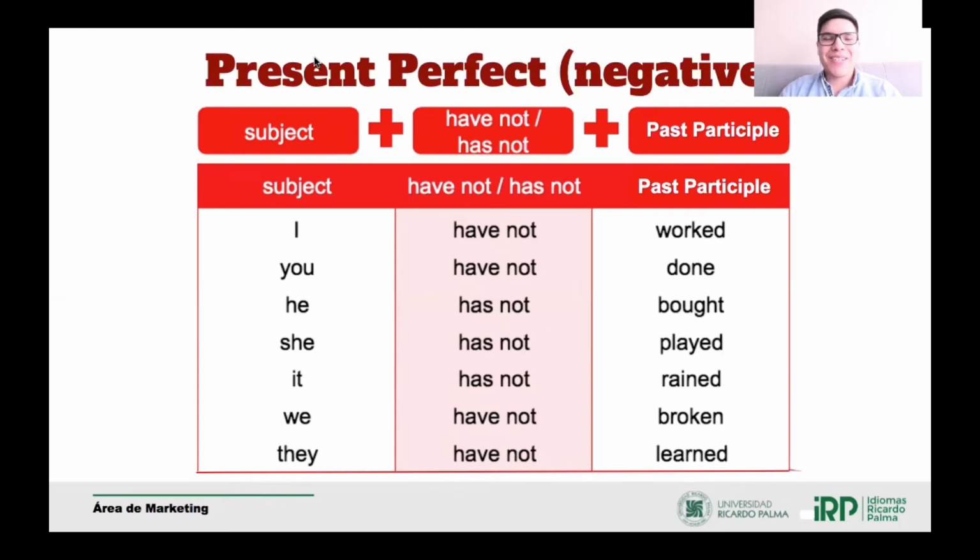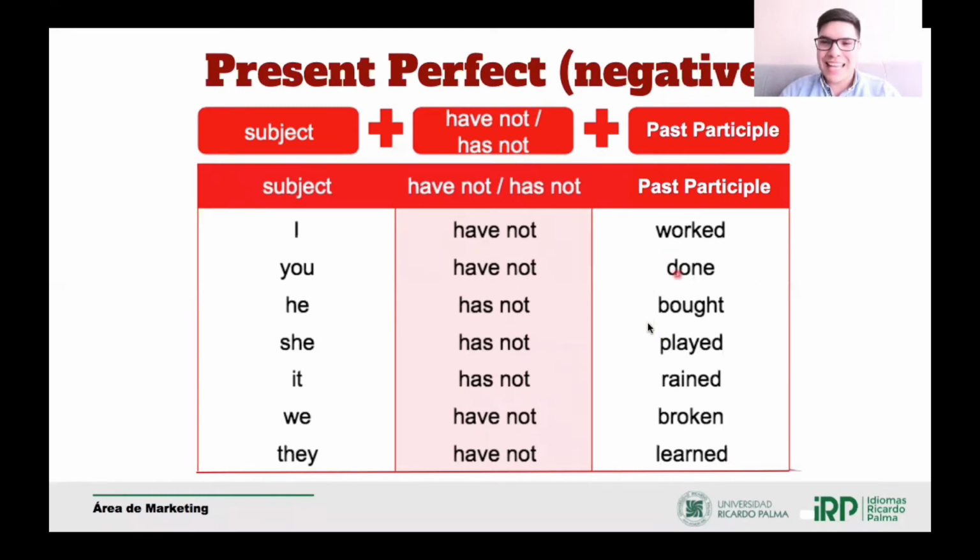Now, let's look at these sentences. They are in negative. This is the same formula, and we add the not. So I have not, you have not, he has not, she has not, it has not, we have not, they have not, and we use the past participle.